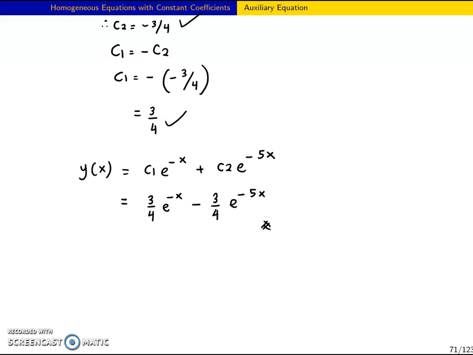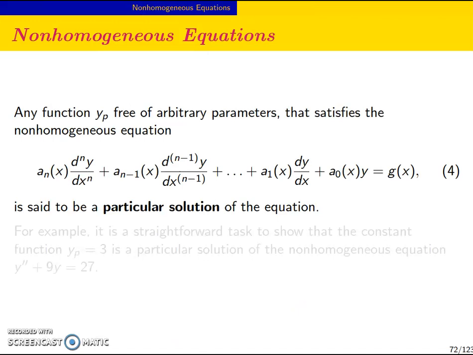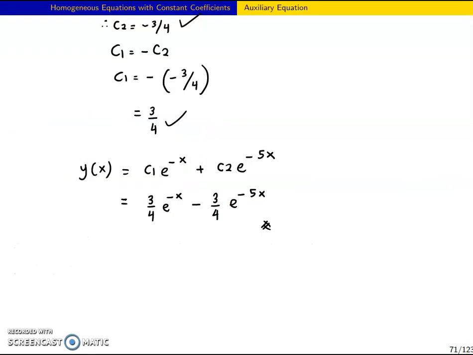Okay, so let's move on to non-homogeneous equation. Before we start, right now we are looking at second order: a2 y double prime plus a1 y prime plus a naught y equals g of x.